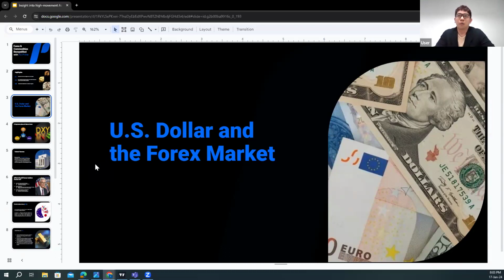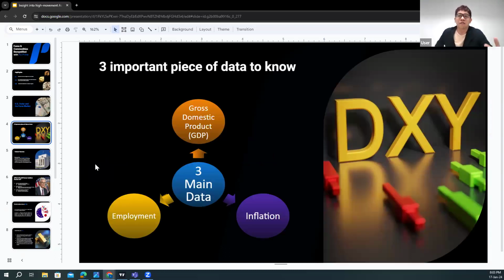So how are we going to assess the strength of the DXY, the dollar index? Of course, there are lots of factors on an everyday basis that have an impact on the strength of the dollar, but I would narrow it down to the main three data that you can always keep an eye on if you want to trade things involving the dollar.